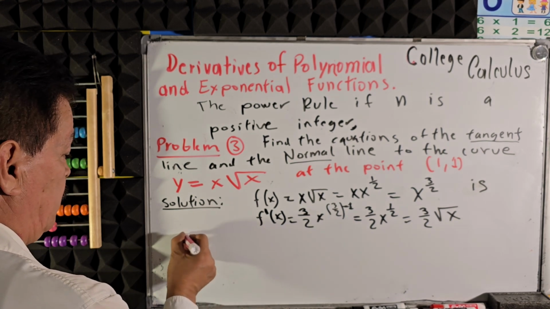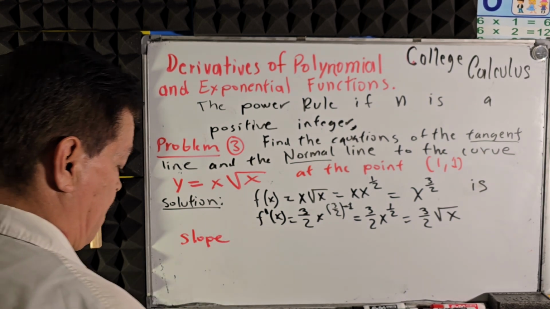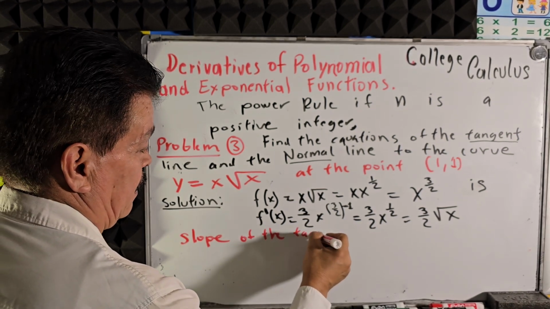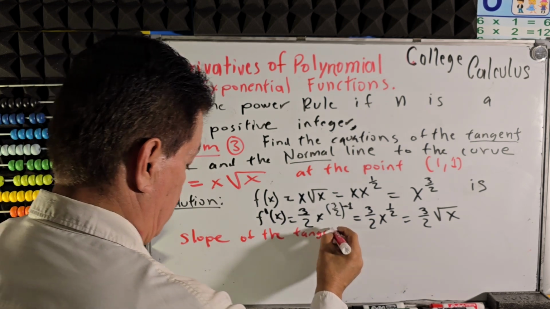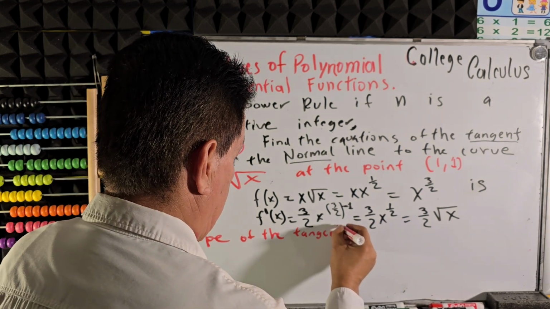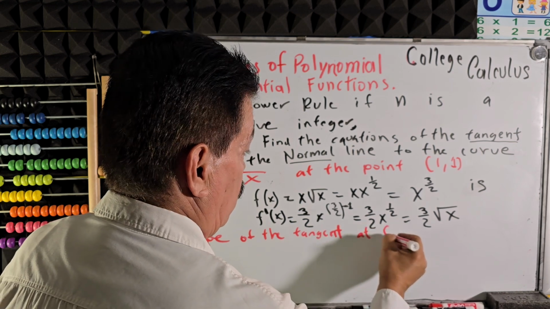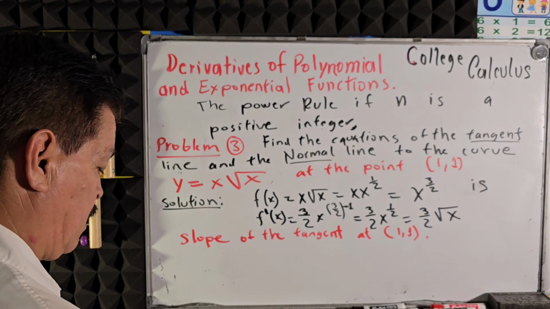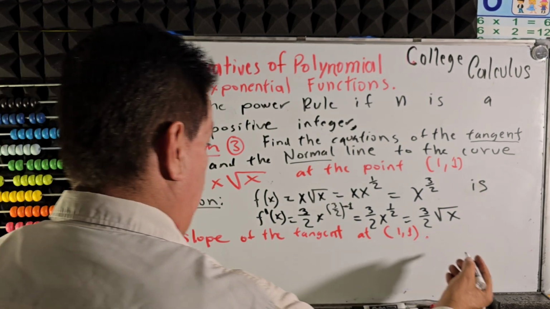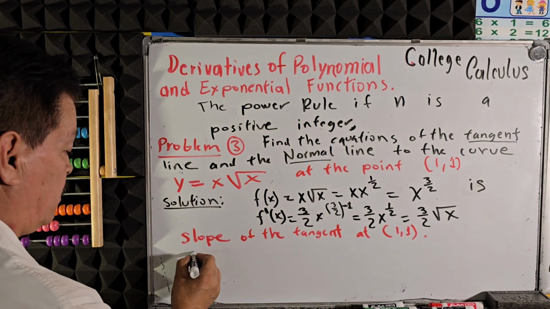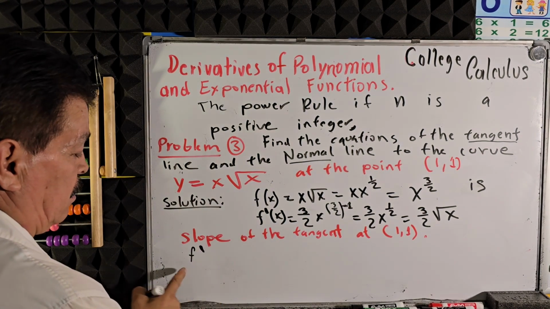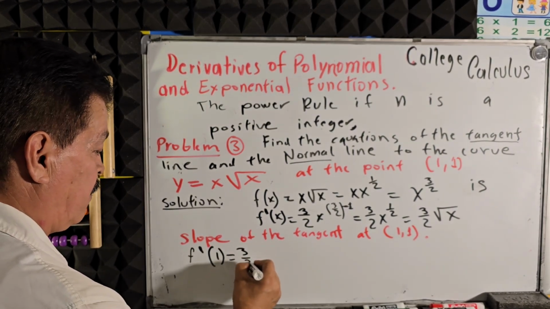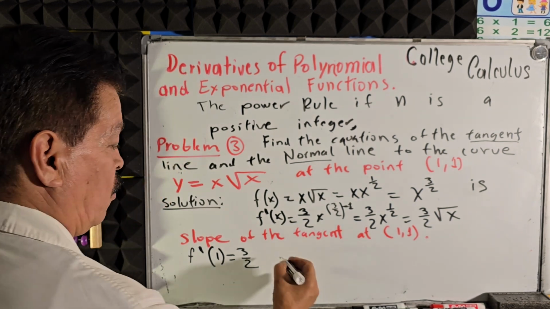The slope at the tangent, so we are talking about 1,1 right there, is f prime of 1 equals 3 half. See?